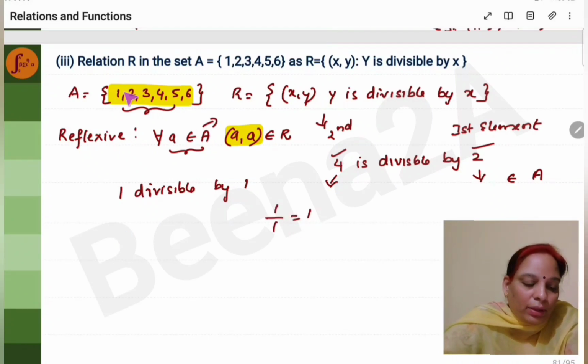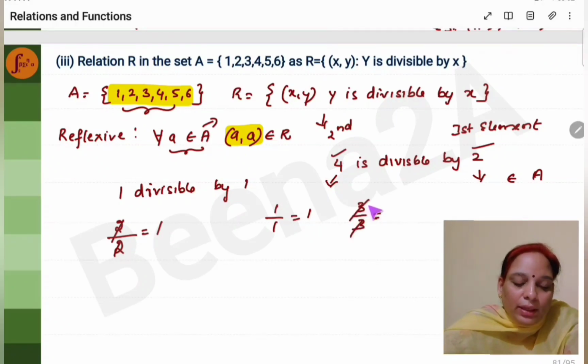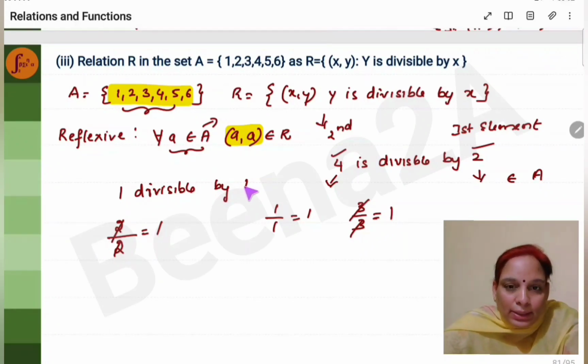Similarly, I'll take the second element 2. Is 2 divisible by 2? Yes, it's divisible. Then is 3 divisible by 3? Yes, 3 is divisible by 3. So that way, every element is divisible by itself.